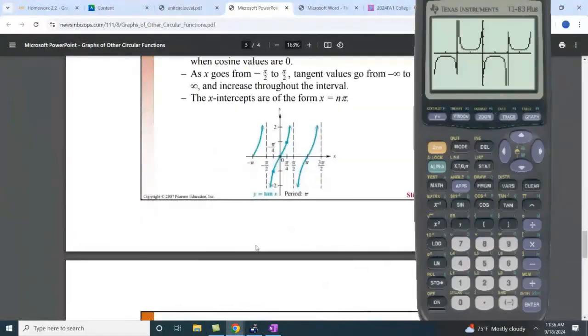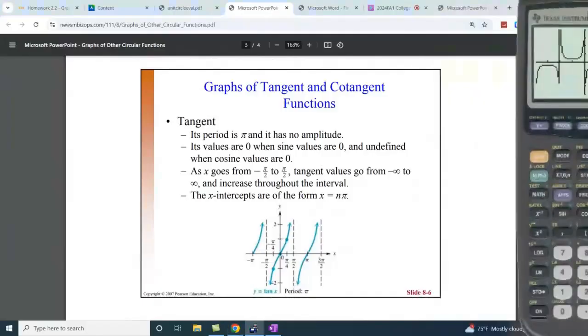All right, the last two graphs are the graphs of tangent and cotangent. So here is the tangent function. So here's one thing about the tangent and the cotangent. Unlike the other 4 trig functions that had a period of 2 pi, the tangent has a period of pi. The cotangent also has a period of pi.